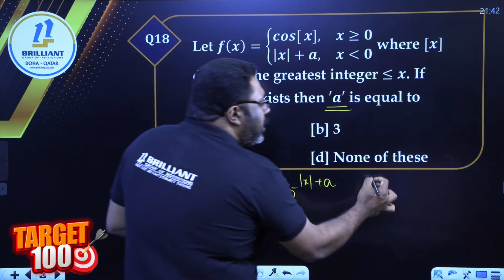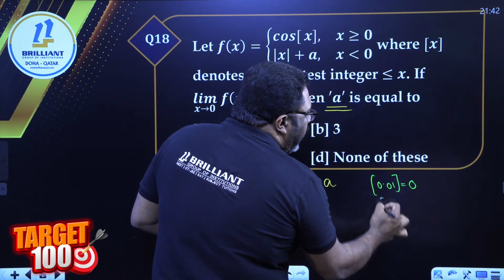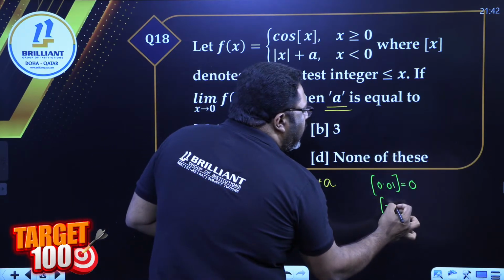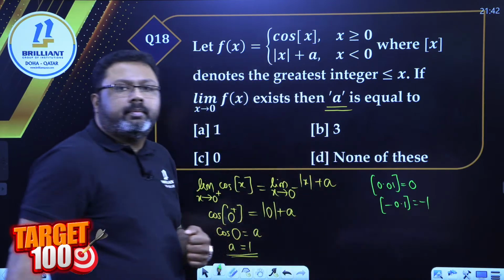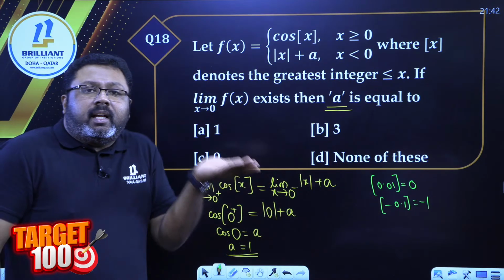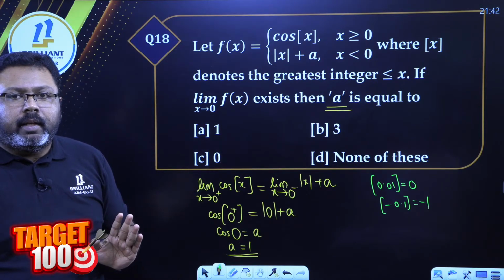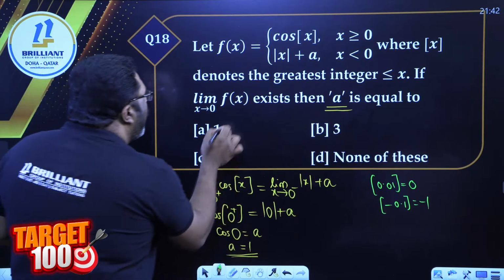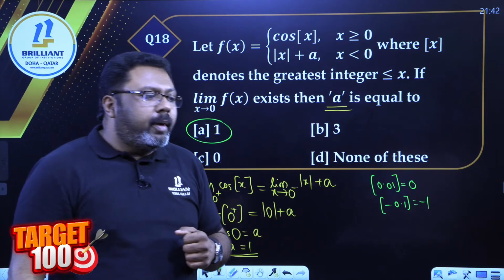Yes, greatest integer of anything which is slightly more than 0 is still 0. But greatest integer of something which is slightly less than 0 is minus 1. So it's always the greatest integer before x. So the answer is 1. Option A, 1. Clear everybody?